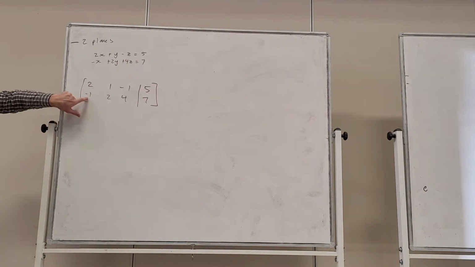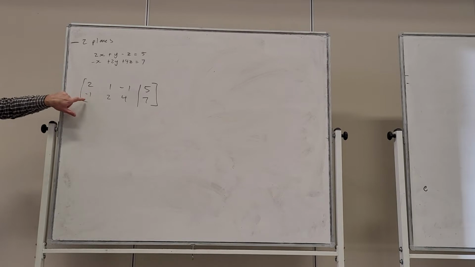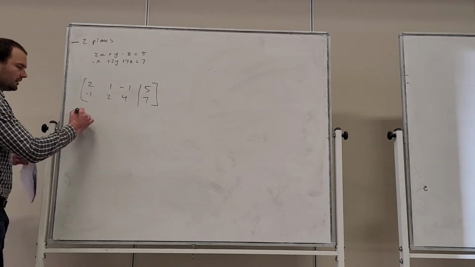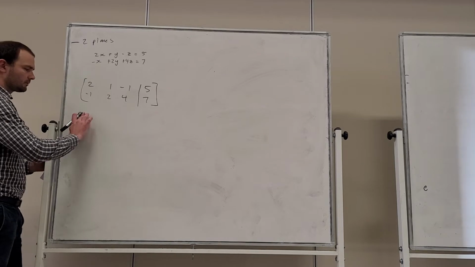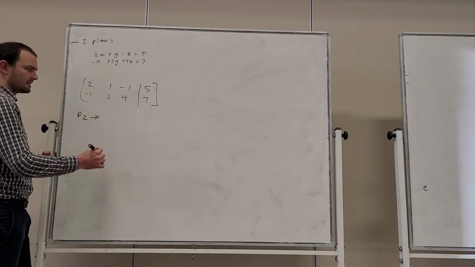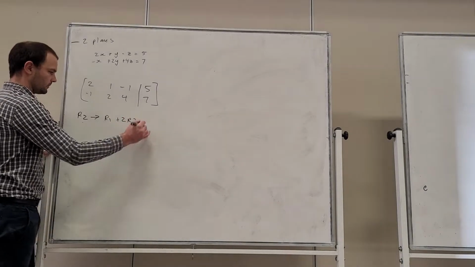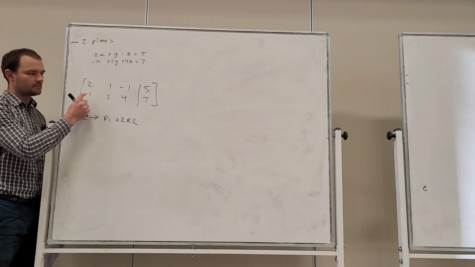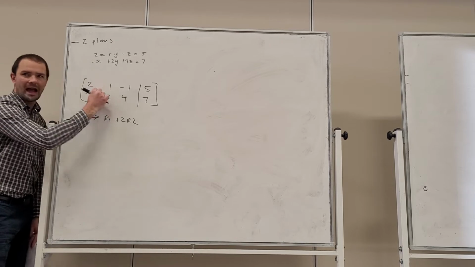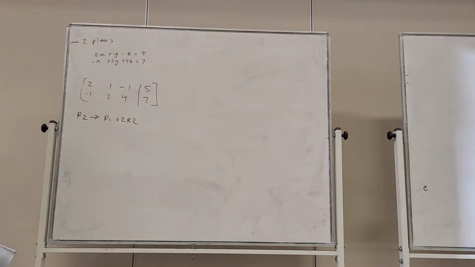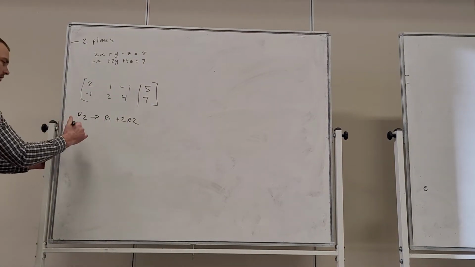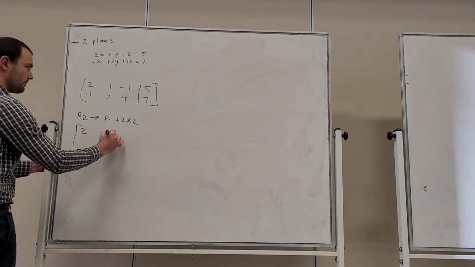So what we want to try and do is get a 0 here, isn't it? All right, so if we try and get a 0 here, what we're going to need is to replace row 2, and we're going to replace it with 1 lot of row 1 plus 2 lots of row 2. All right, so if I'm multiplying this by 2, I've got -2, and when I add them together, it's going to annihilate, and we've got a 0 there. So let's process that. The first row remains the same.